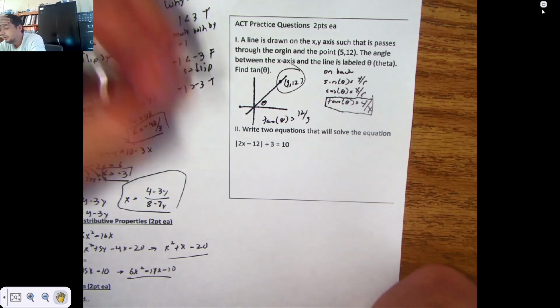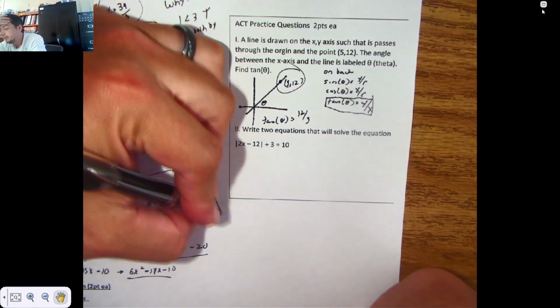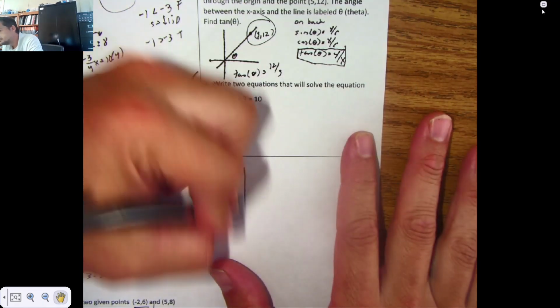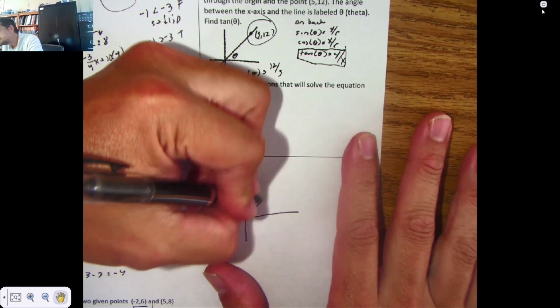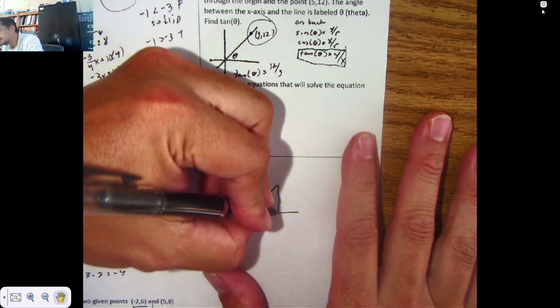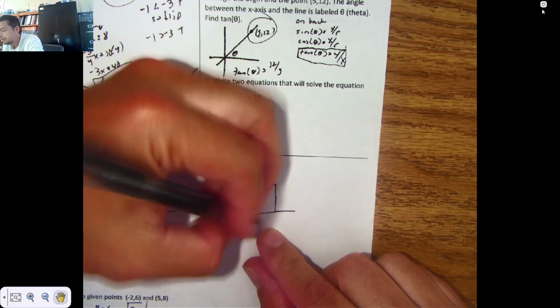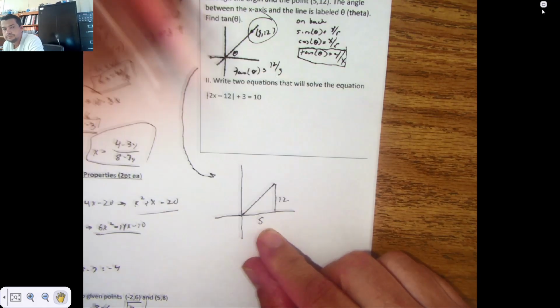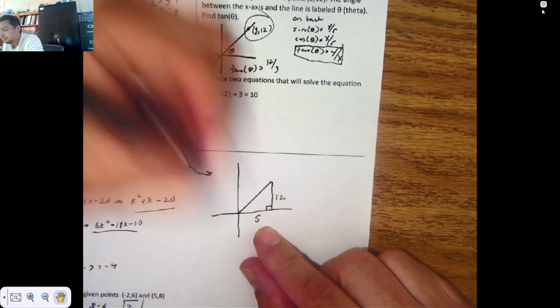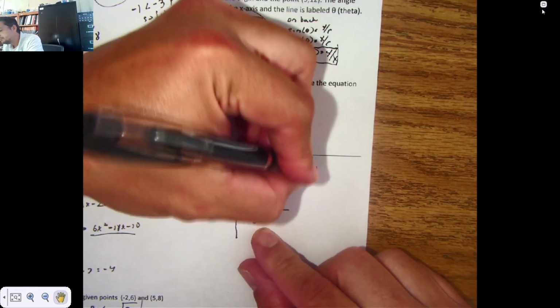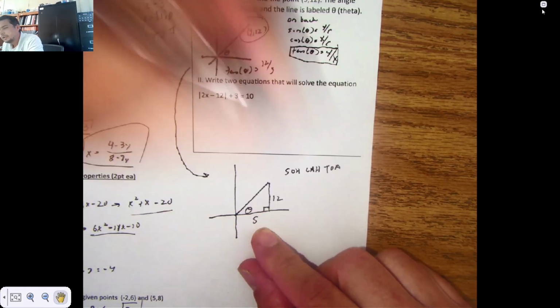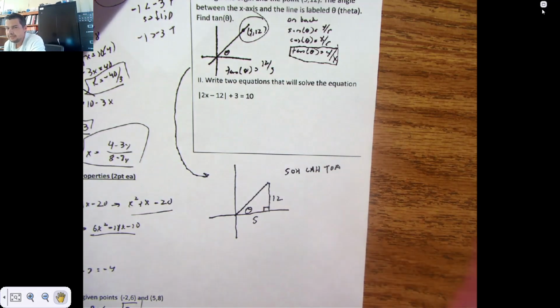The other way of doing this, which makes a lot more sense to kids straight out of geometry, is to simply take that point 5, 12 and realize, oh, I went over 5 and up 12. And maybe do your SOHCAHTOA. They don't design the ACT to be anything too bad.